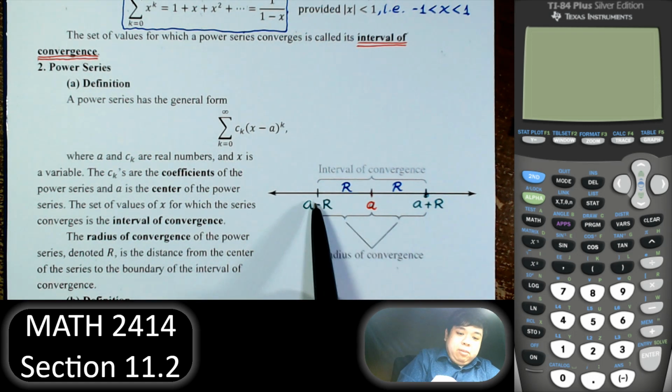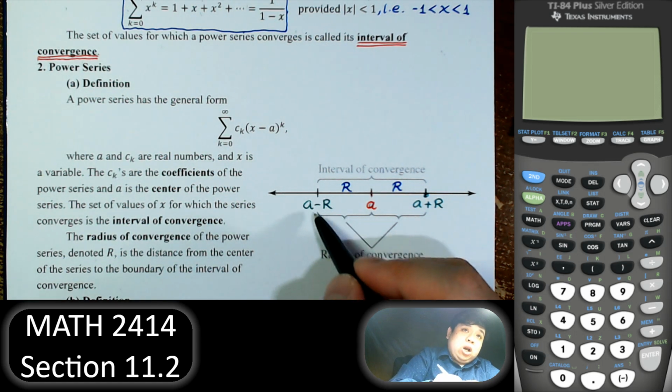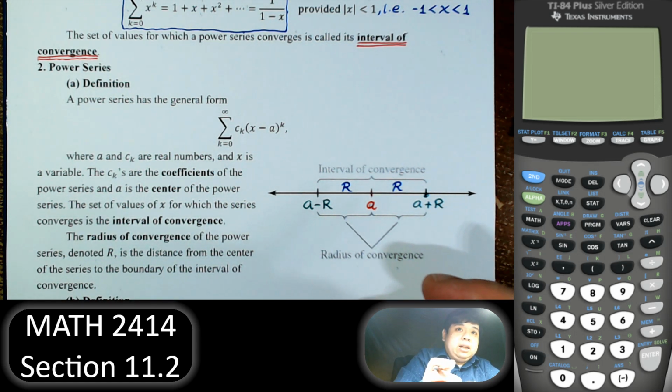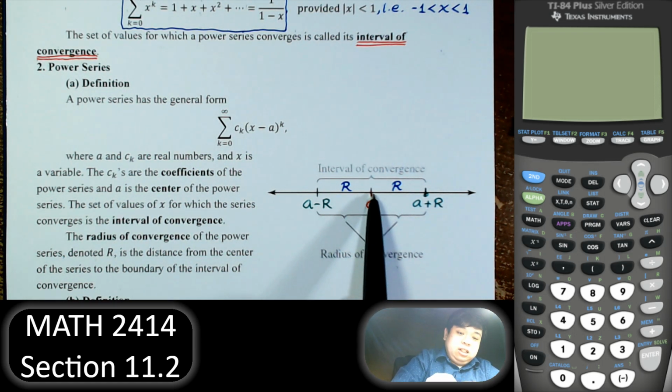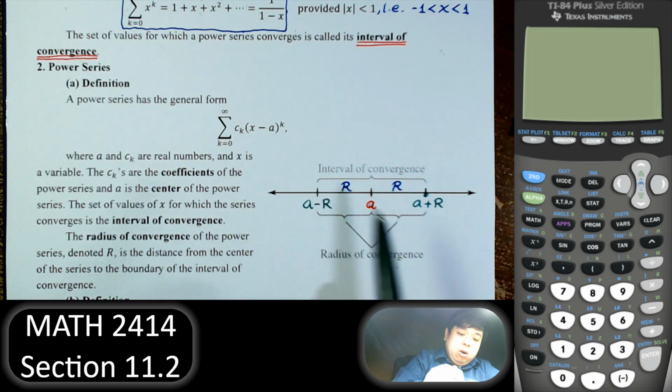The interval is from a minus r to a plus r. Now it is not very clear whether we should include a point or not, and we have to check case by case for that. But there will be a center, and there will be the radius. The radius can be the whole thing.